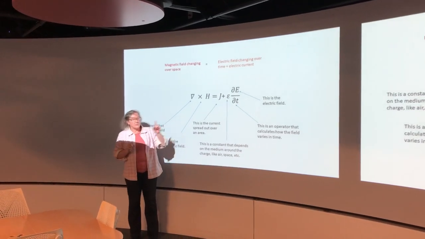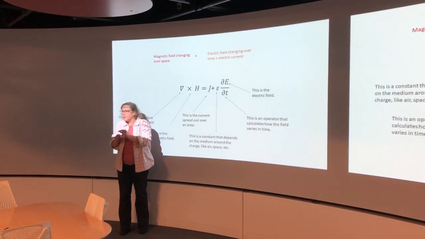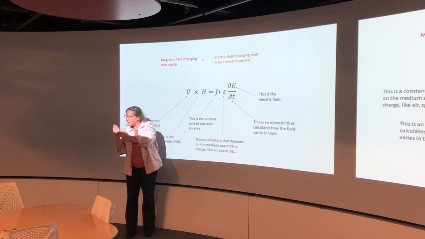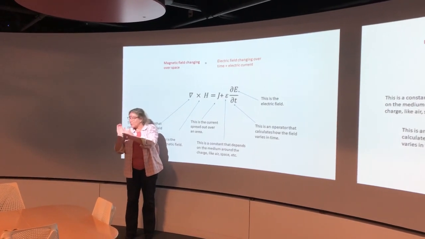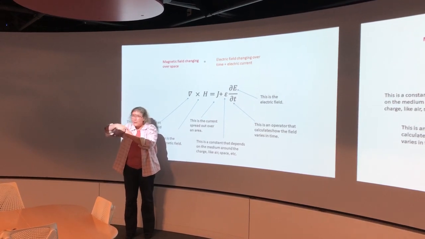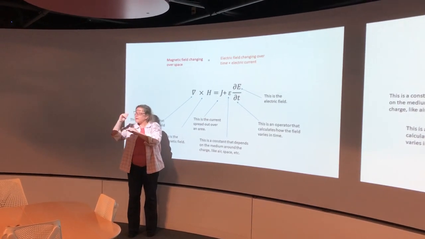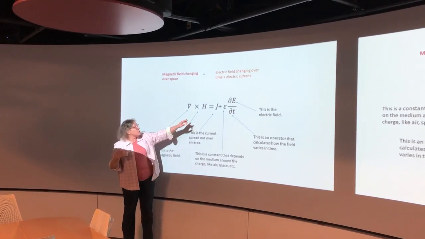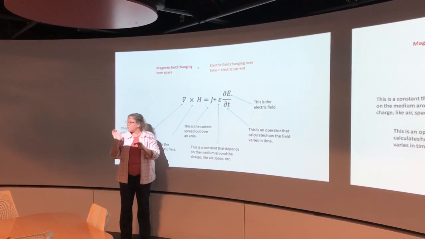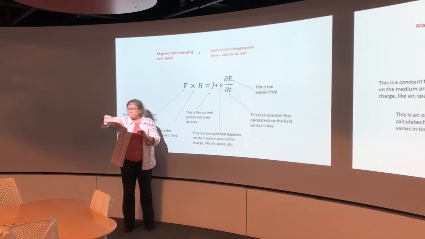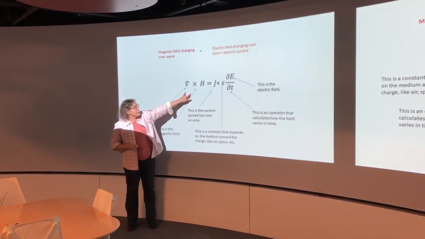This is some sort of crossing type thing. In fact, it's some sort of curling type thing that's going on. So what we're ending up with is an understanding of how this function varies around a point. That's what this enables us to calculate.